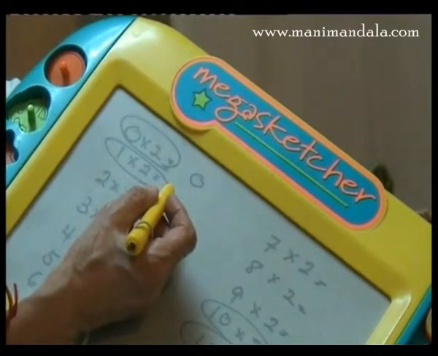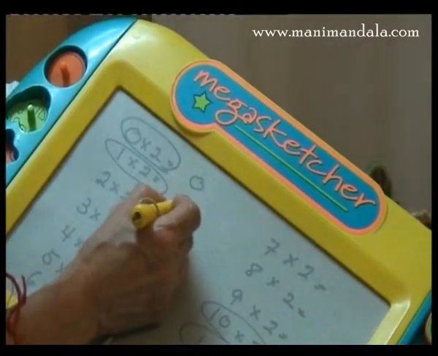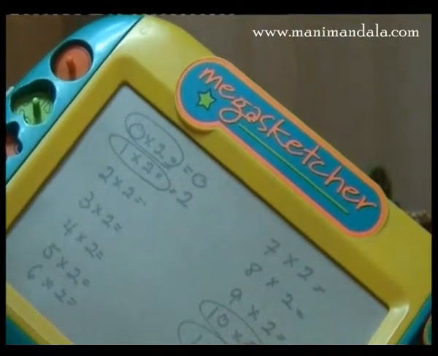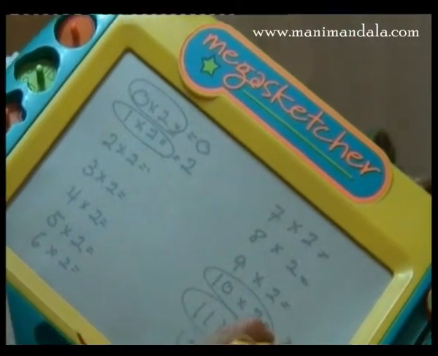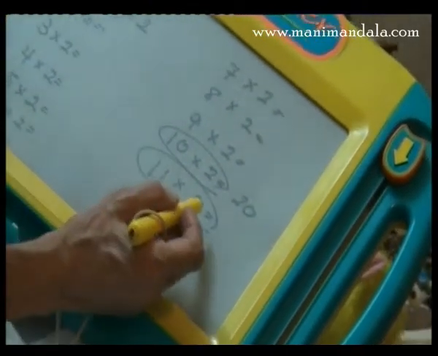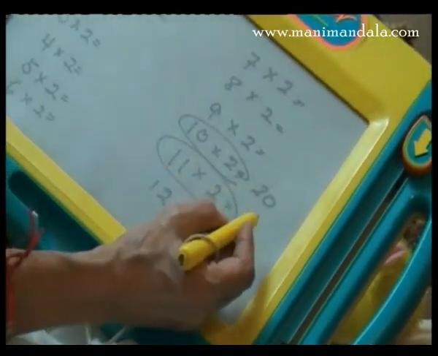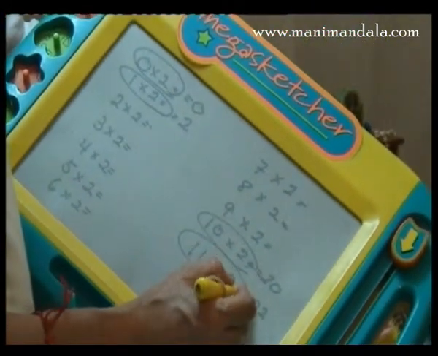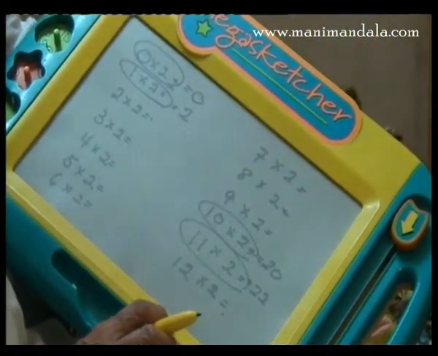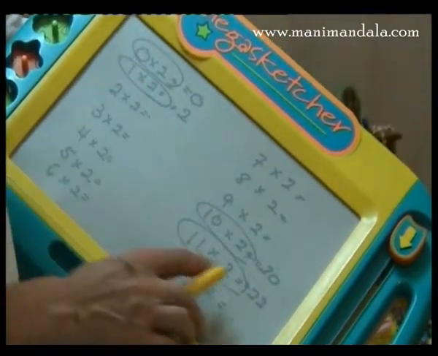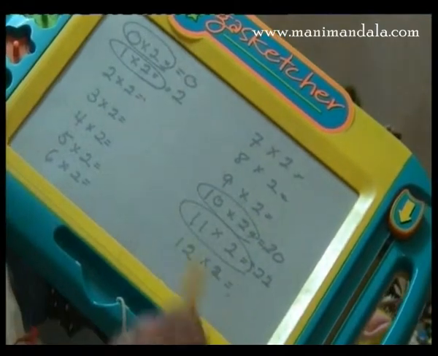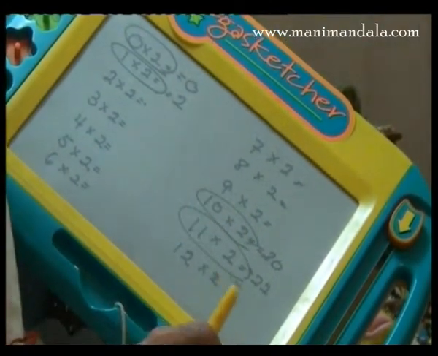And we know anything times 1 will be the number itself. We know that one. And we know anything times 10 means I add 0 to that number. We know that one. And we know 11 means I just write the number twice, 22. Good. So not only by my mind mentally know the answer, visually now I can see 0, 2, and 20 and 22, just off the bat.